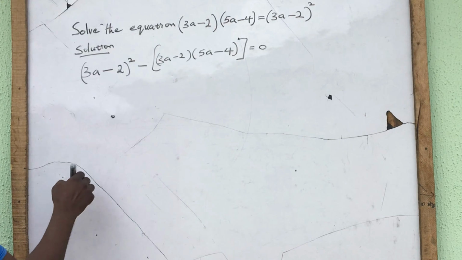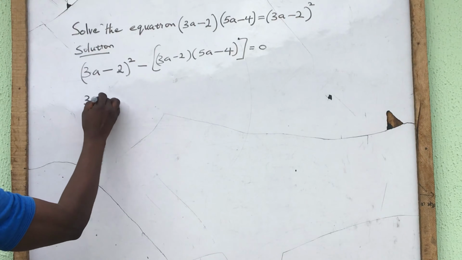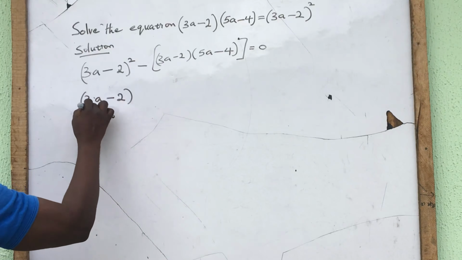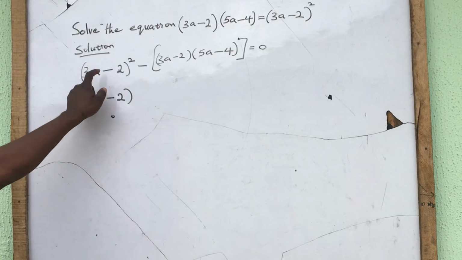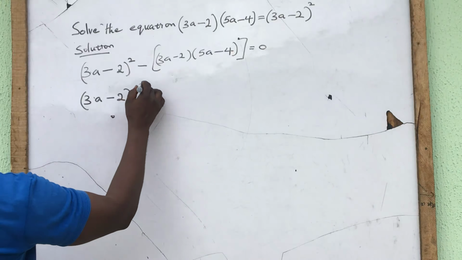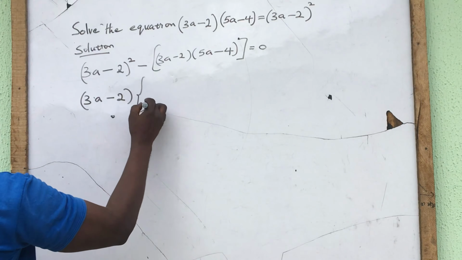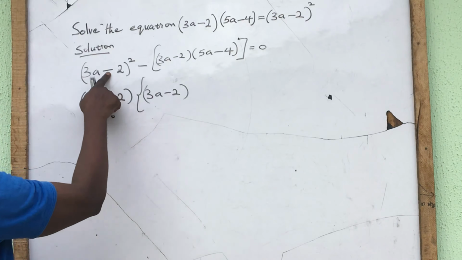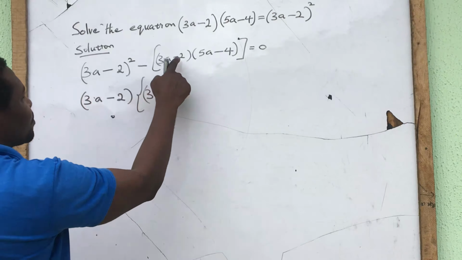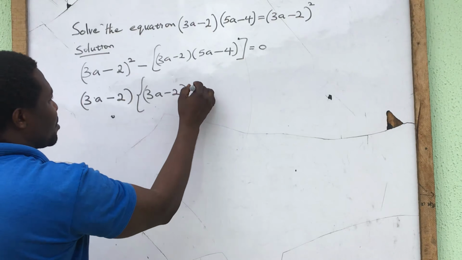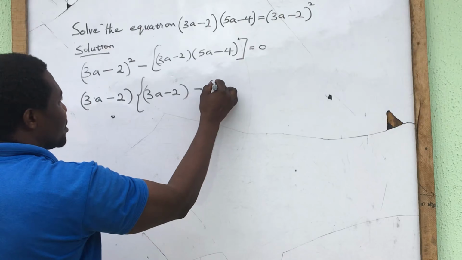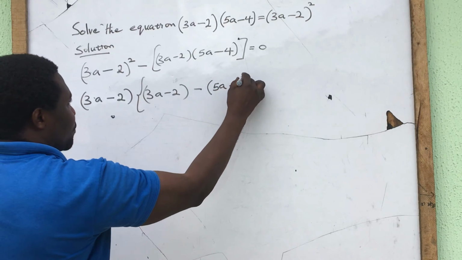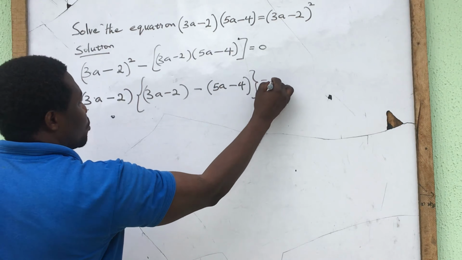So let's factor out 3a minus 2. What remains here is 3a minus 2, and what remains here is 5a minus 4, equals 0.